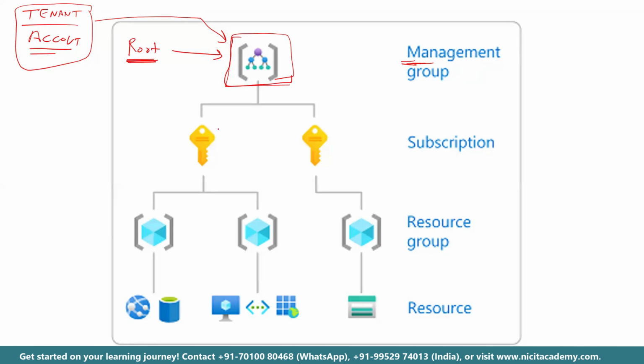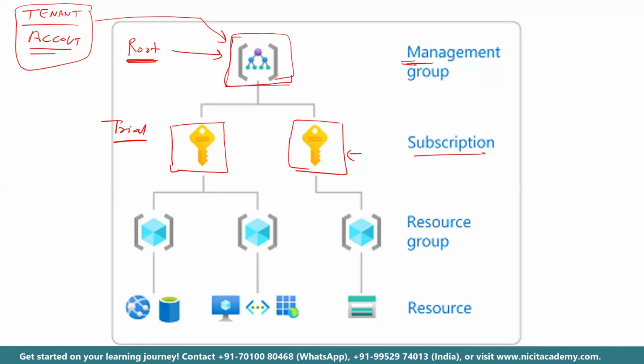Because we signed up with the trial, we have this key which denotes the subscription. So we have a subscription called trial subscription. We may have another subscription. Let's say we want a paid subscription, so we can create one more subscription. It's totally fine. We can create multiple like this.